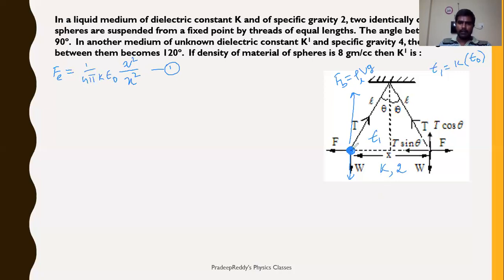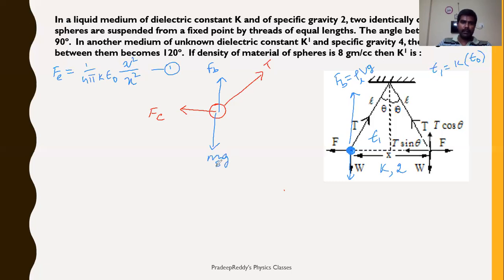Now taking the free body diagram for this, we have tension T, and there will be electrostatic force outward and buoyant force upward. Weight will be acting downward.